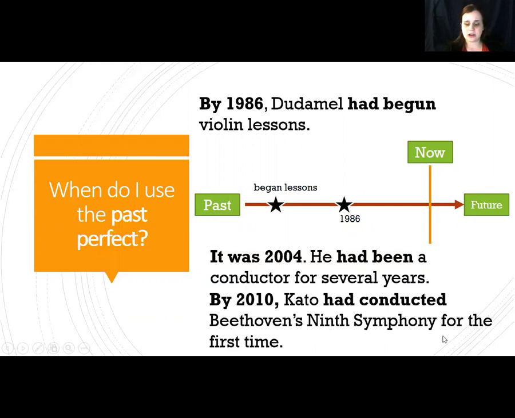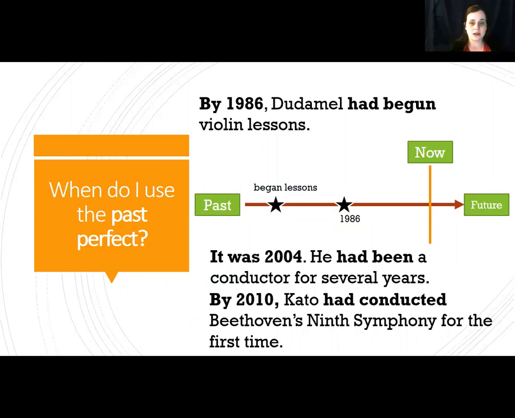Cato is a different conductor, but this sentence says, by 2010, Cato had conducted Beethoven's Ninth Symphony for the first time. This is an example of what I showed you before, where the focus is often on the completion of an action. In this case, Cato had conducted the symphony. That was done, it was over with, before 2010.